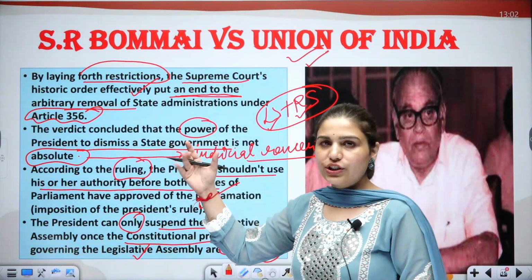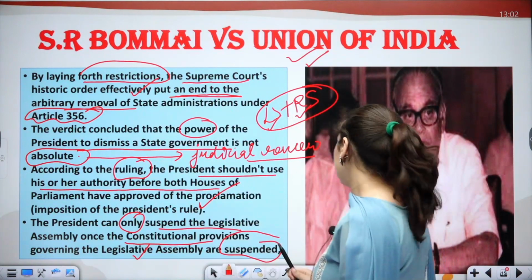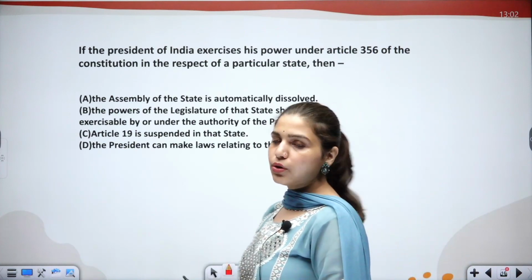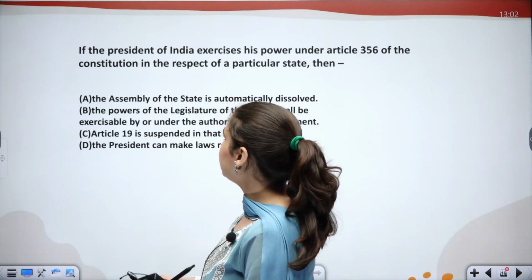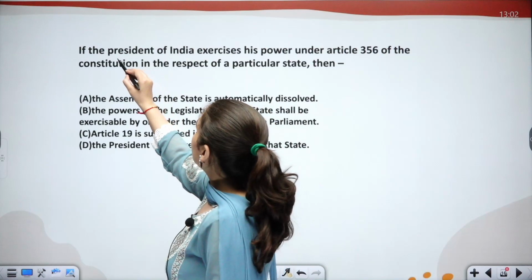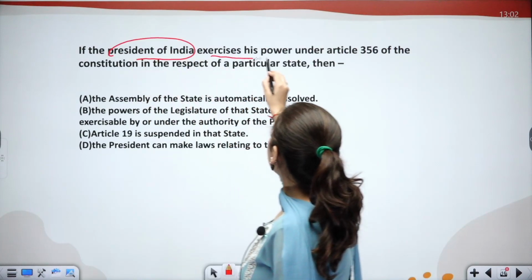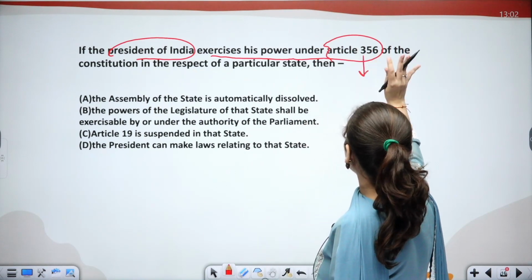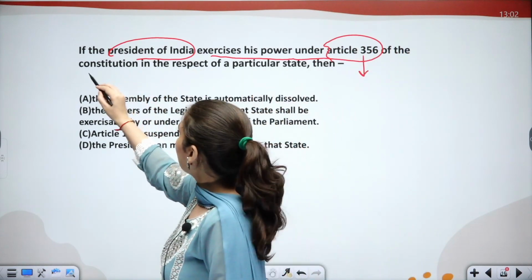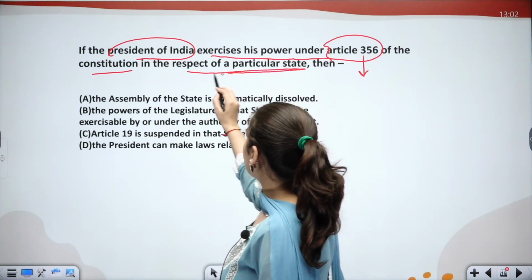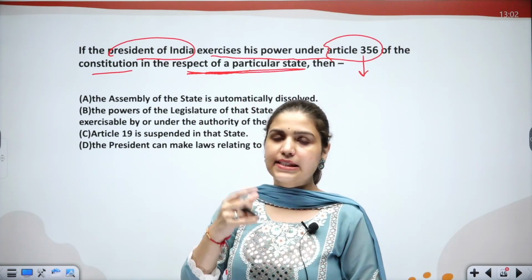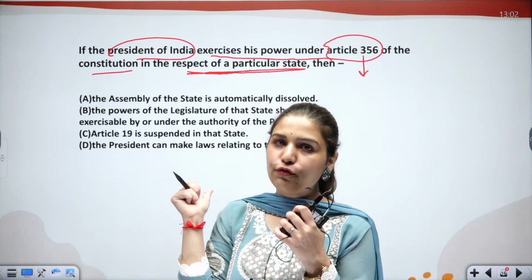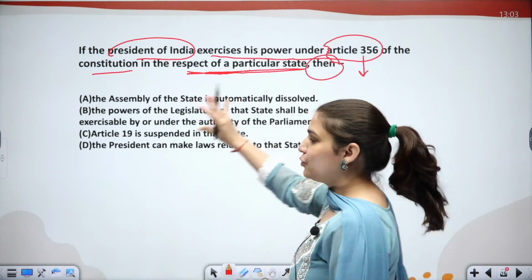If a question comes on S.R. Bommai versus Union of India and the position of President's rule, this is a previous year question. Let's see it. If the President of India exercises his power under Article 356 of the Constitution in respect of a particular state, then we have to see the options.